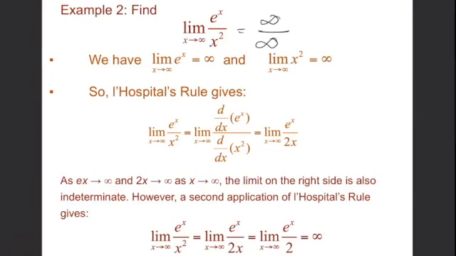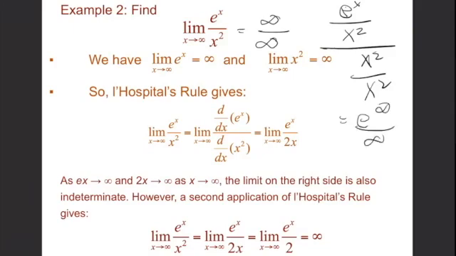You cannot use the approach wherein you divide by the variable with the highest exponent. If you do that, you have e to the infinity over 1. So it's still infinity over infinity if that is your approach.